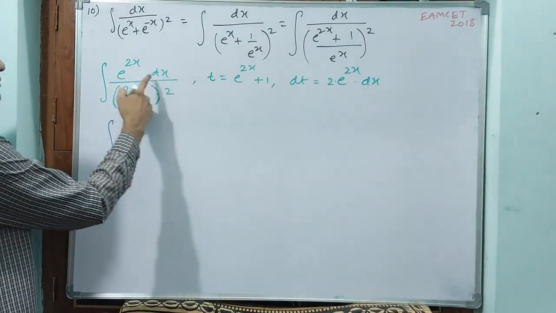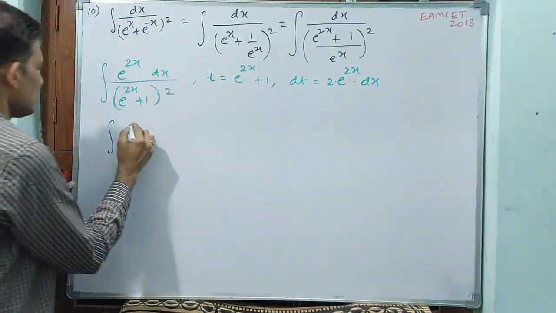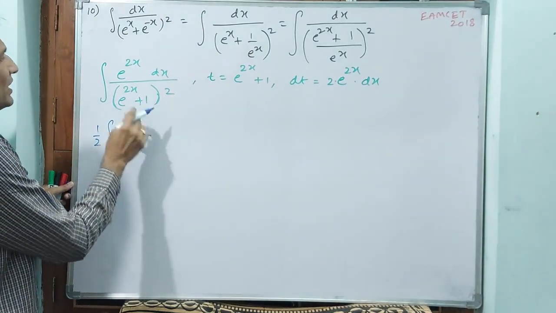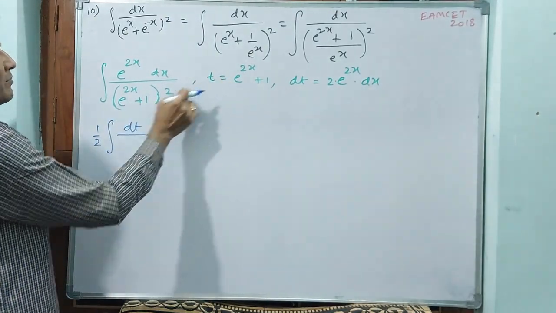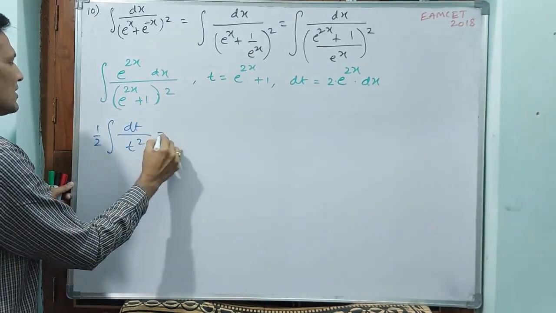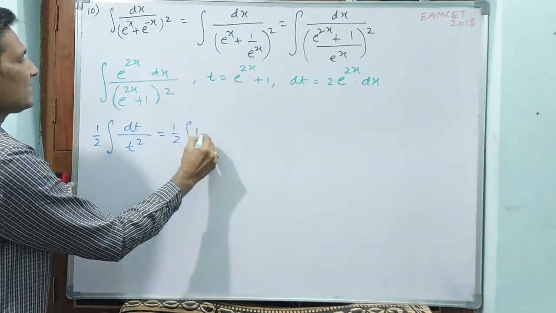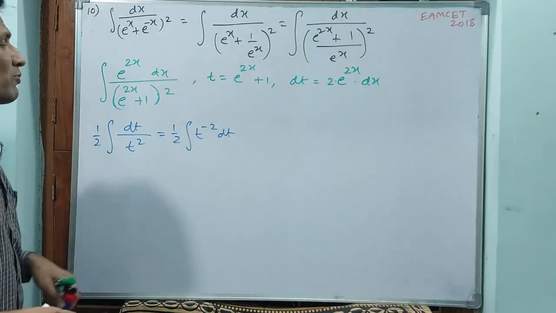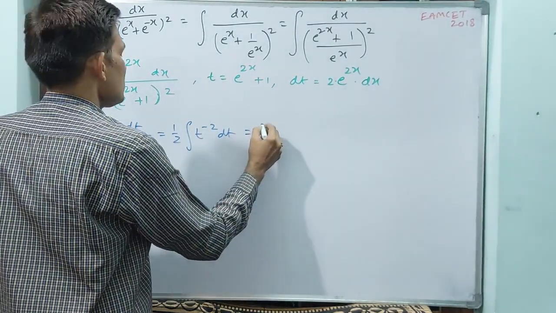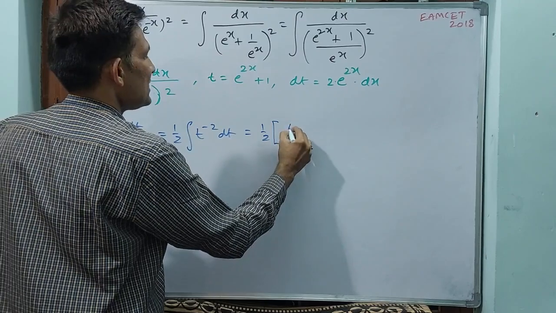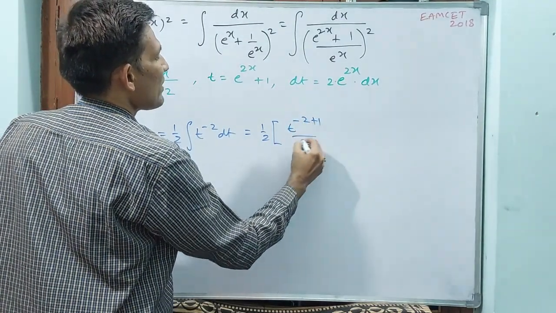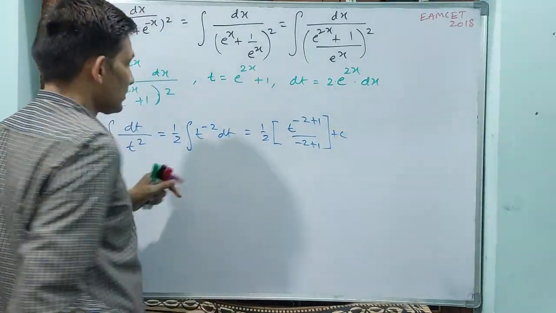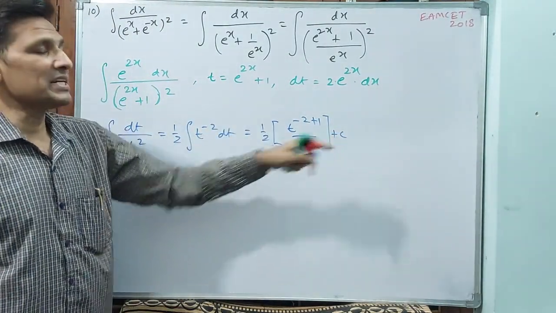Integral e power 2x dx, dt by 2, divided by this entire thing we have taken as t, that means t square, that is equal to 1 by 2 integral t power minus 2 dt. Why? Because t square, if you go to numerator, t to the power of minus 2. That is equal to 1 by 2, t power minus 2 plus 1 by minus 2 plus 1, plus c also. See, after removal of integration, you immediately add c.